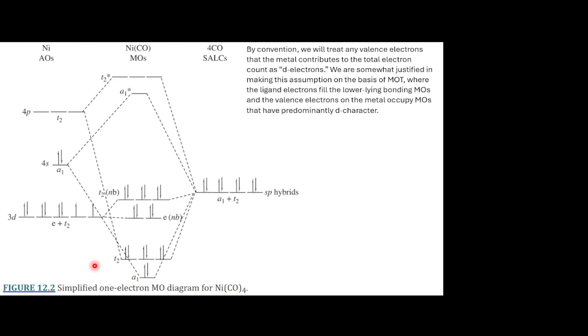What you want to remember is that all of these diagrams look something like this, and this right here would normally be blank when you write these out. If you don't know the metal, you need to fill this in until you have the 18 electrons on your total here. Is that making sense?